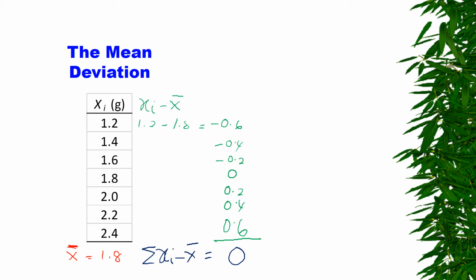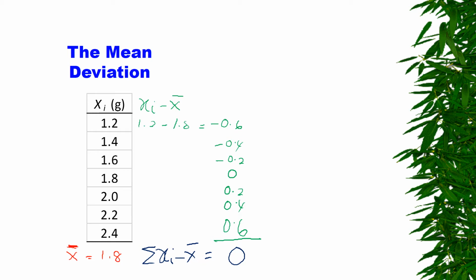However, such a summation will be useless as a measure of dispersion. To sum the absolute values of the deviations from the mean results in a quantity that is an expression of dispersion about the mean. Dividing this quantity by n yields a measure known as the mean deviation or mean absolute deviation of the sample.